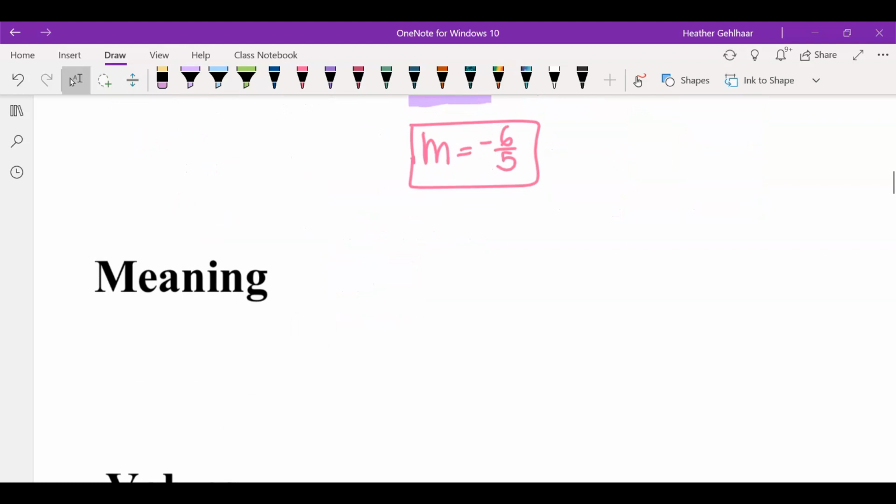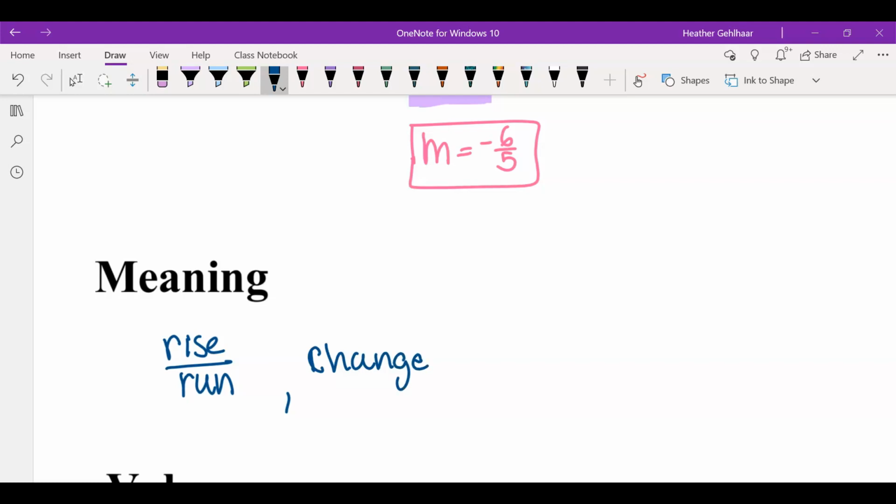So slope. What does slope even mean? So slope, we talk about it as the rise over run. Okay, we talk about it as the rate of change, so the change in y over the change in x.